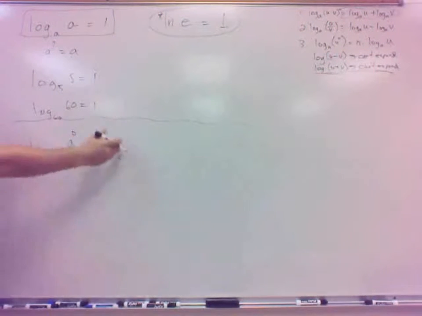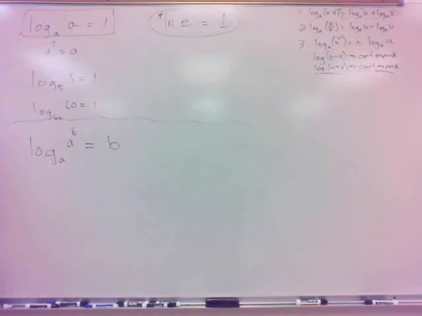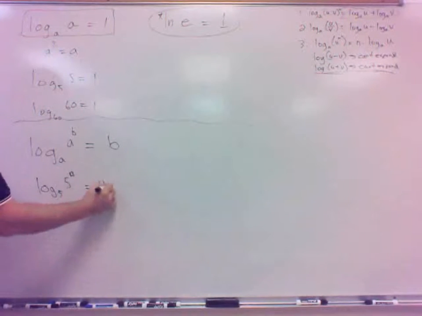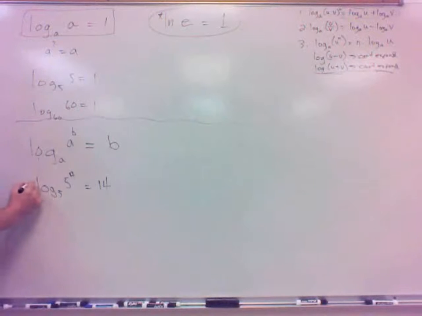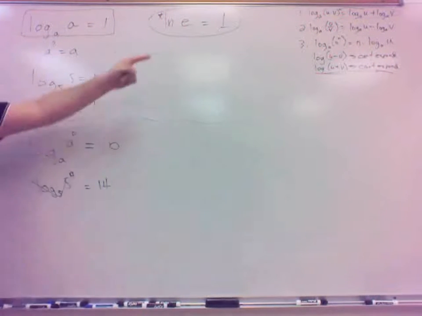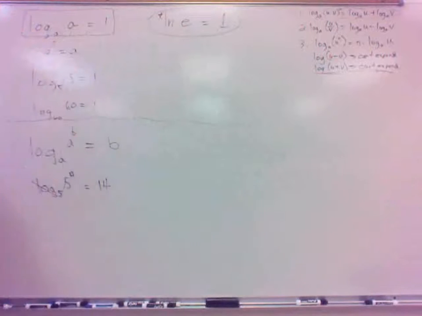Log base a of a to the b is just b. And so if I have log base 5 of 5 to the 14th power, that's just equal to 14. So essentially the log base 5 and the 5 cancel each other out. And it actually comes out of these properties. If you think about it, you can bring the b down and log base a of a is 1, so that's where it comes from. All right?